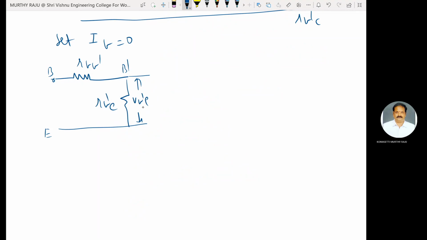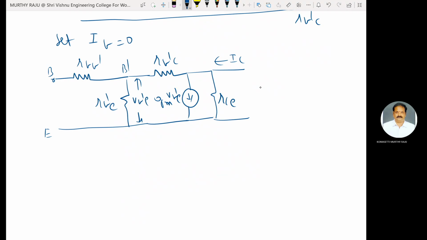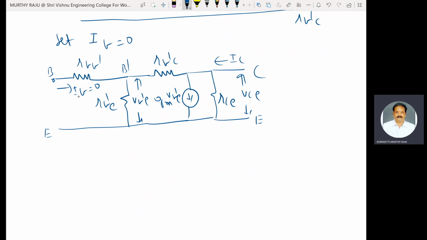VB dash E, RB dash C, GM into VB dash E. This one is RC, IC, collector, emitter. That is VCE. Here IB is equal to 0, which means the drop across RBB dash is 0.